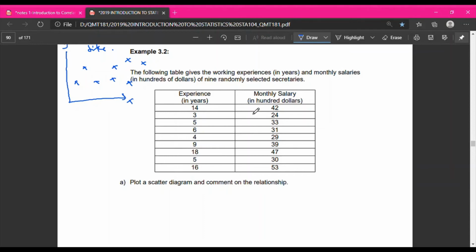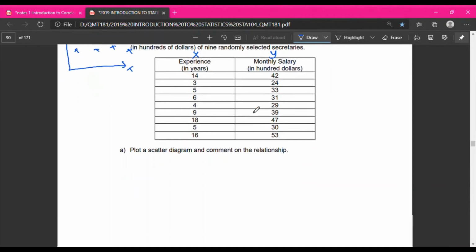So monthly salary depends on experience ataupun experience depend on monthly salary. What do you think? So monthly salary will be your y and experience will be the x.